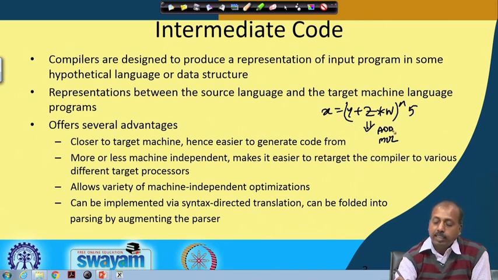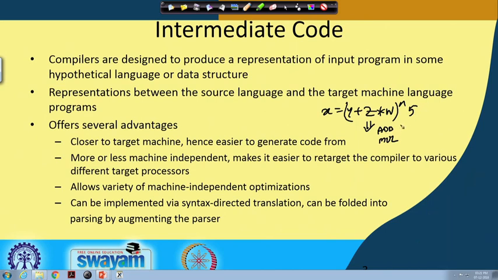The add instruction accepts only 2 operands x and y, such that after executing it x gets x plus y. Similarly, the multiply instruction has only 2 operands x and y, and after executing it x equal to x into y.